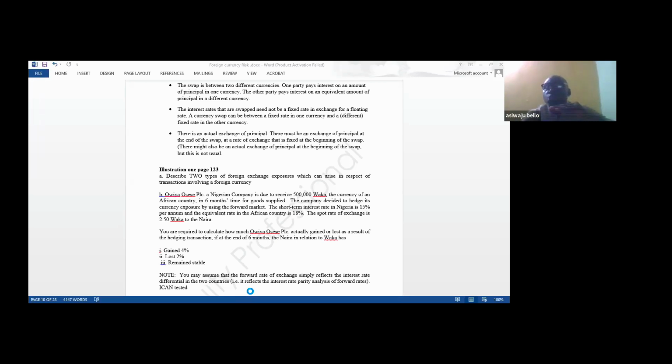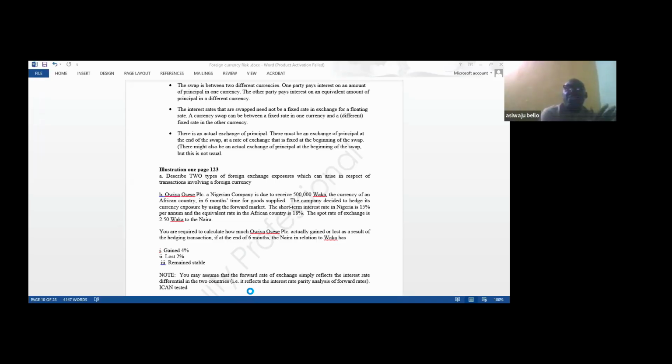For indirect quote, bank will buy at the higher rates and sell at the lower rates. Please note this. Relationship between direct quotes and indirect quotes is reciprocal. Always remember this.